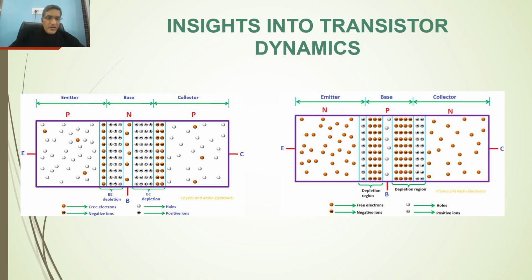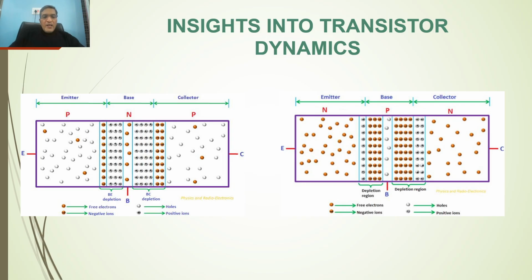We show this by a single bracket at the bottom, and its nomenclature is BE depletion region. BE means base emitter depletion region and BC means base collector depletion region.